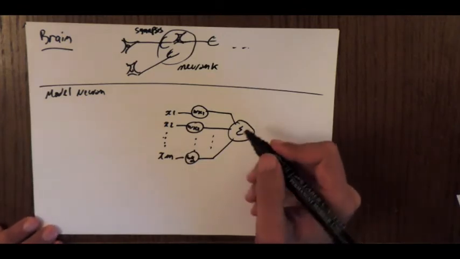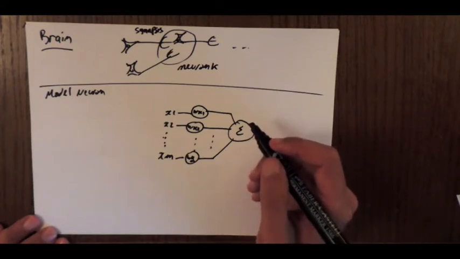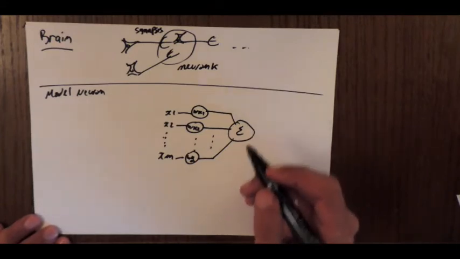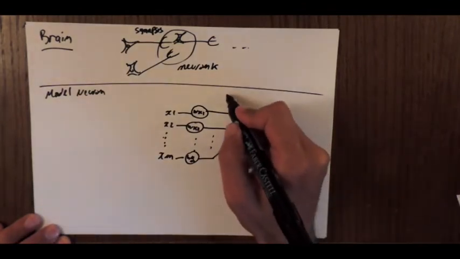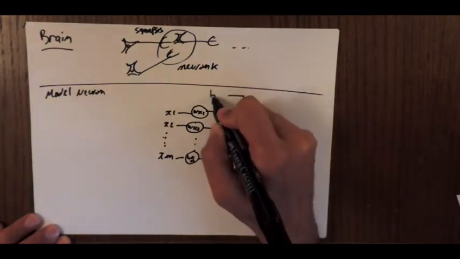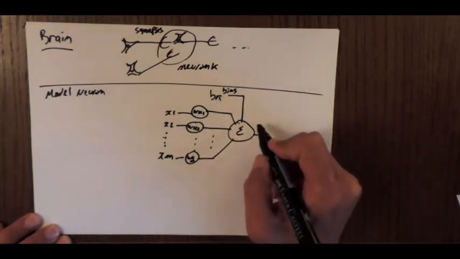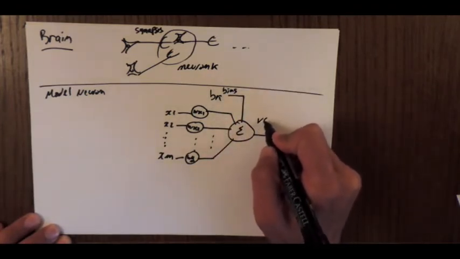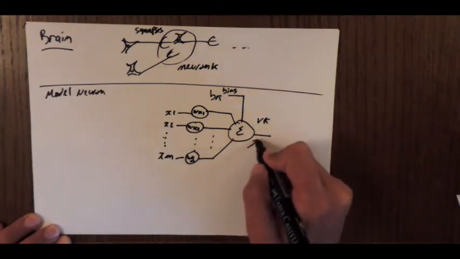And sometimes we need to bias our network. That is, we want the threshold not to be 0. We want to increase the threshold, and we're going to talk about this shortly. We can add a bias bk, and this will generate what's called the induced local field vk.